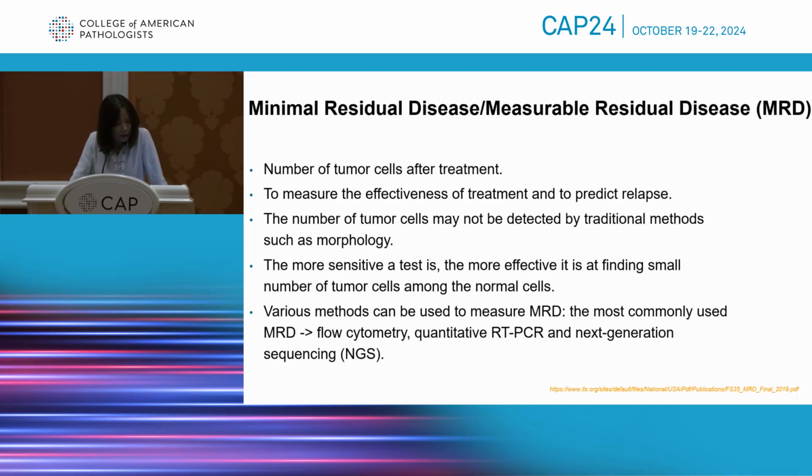The more sensitive a test is, the more effective it is at finding a small population of tumor cells among normal cells. We have many different ways to look for measurable residual disease, but the most commonly used are flow cytometry, quantitative RT-PCR, and next generation sequencing. I'll leave it as next generation sequencing, and we're going to talk a little more about that.